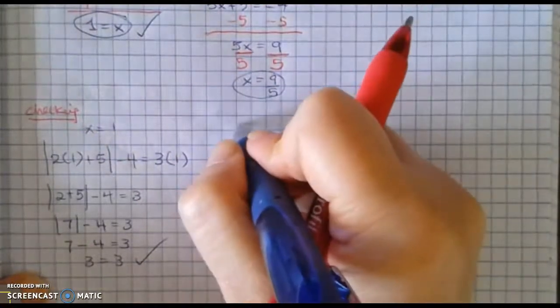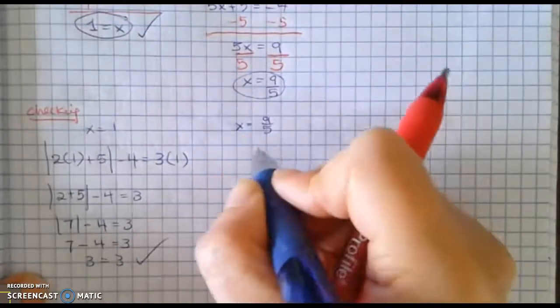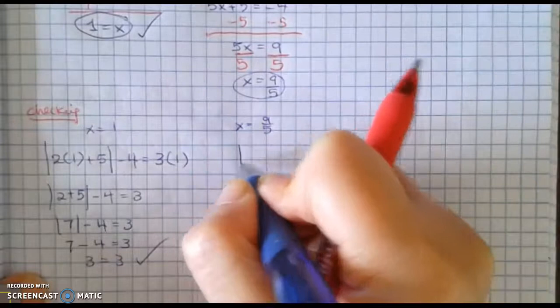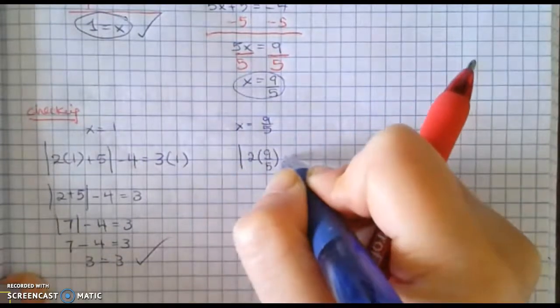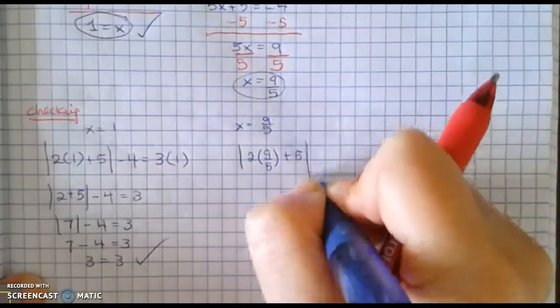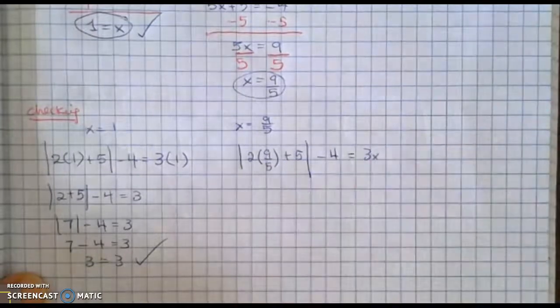What about, let's check the other solution. x is equal to 9 over 5. Let's plug it back into our original equation. 2 times 9 over 5 plus 5 minus 4 is equal to 3x.